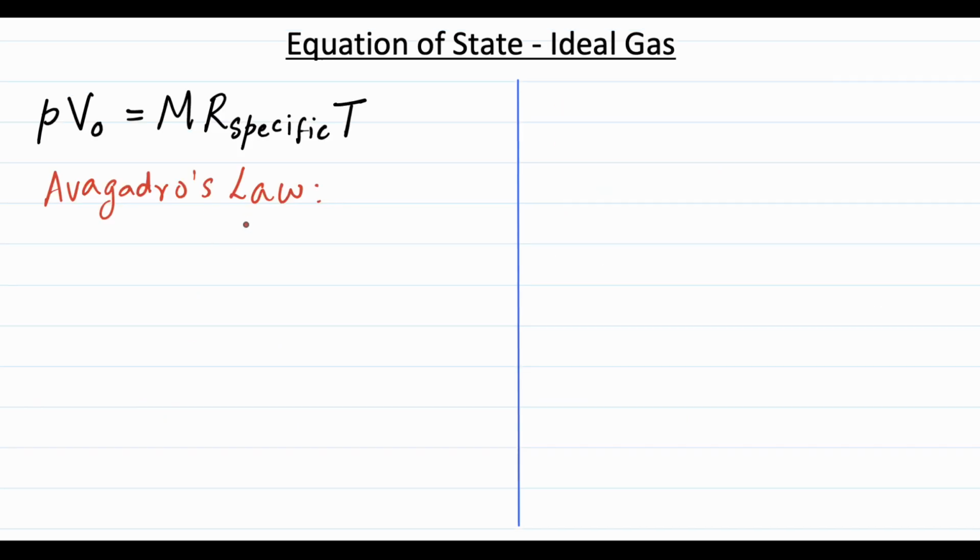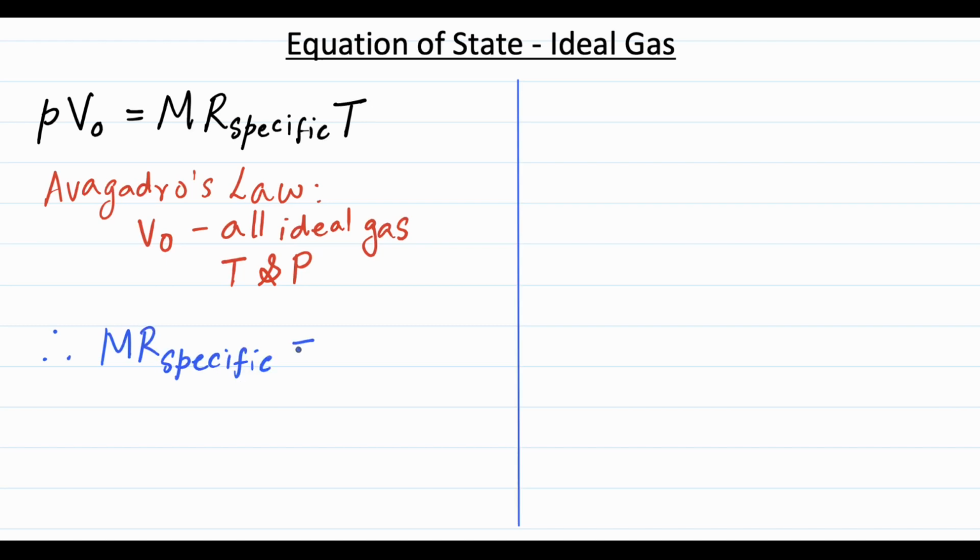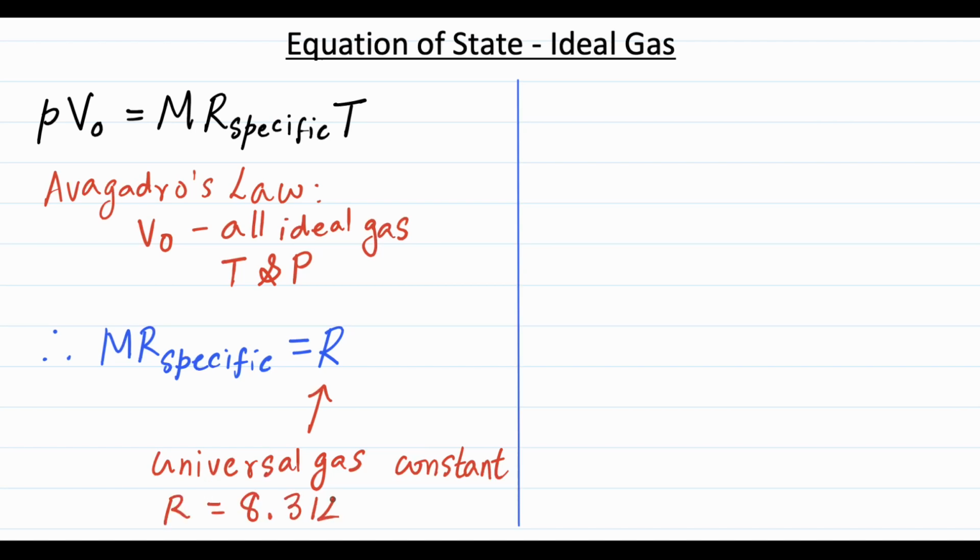According to Avogadro's law, the molar volume is the same for all ideal gases if measured at the same temperature and pressure. Therefore, we can write M R specific is equal to a constant, which is also called the universal gas constant, and the value of R is 8.314 kilojoule per kilogram mole Kelvin.